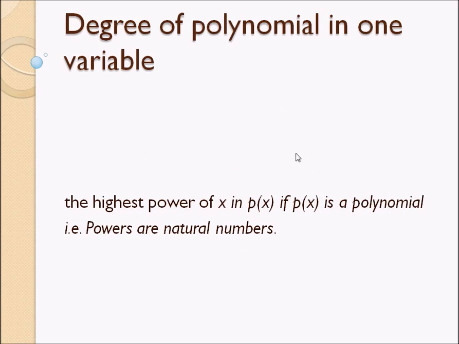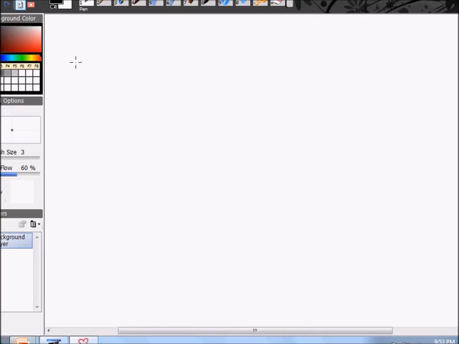Now what is the degree of a polynomial in one variable? The degree is the highest power of x in p of x, if p of x is a polynomial. Now if p of x is a polynomial, then the powers must be natural numbers, which was stated in the previous slide. Let us find out the degree of some simple terms. Let us have an example: x cube plus x square plus x plus 1.